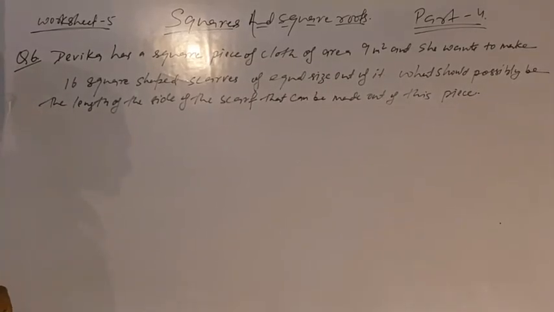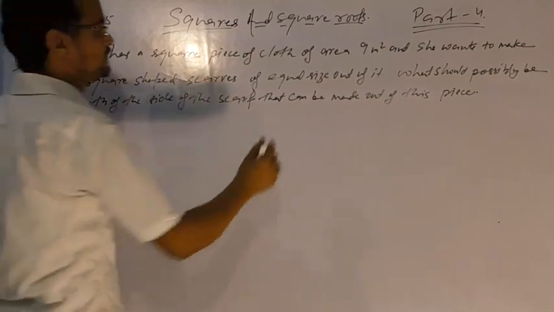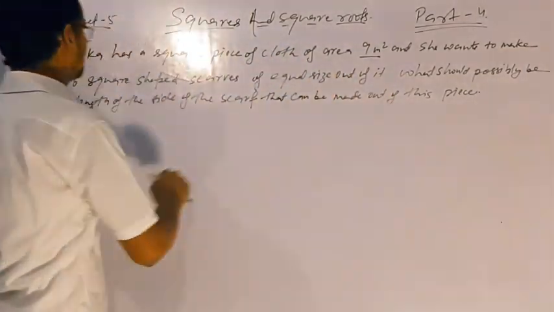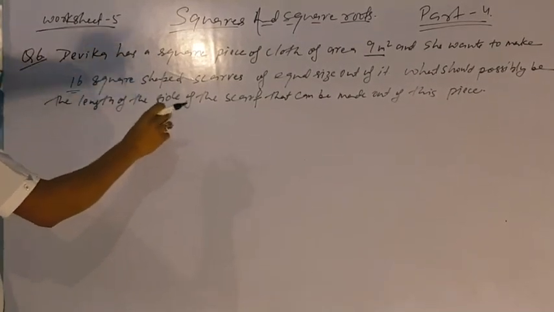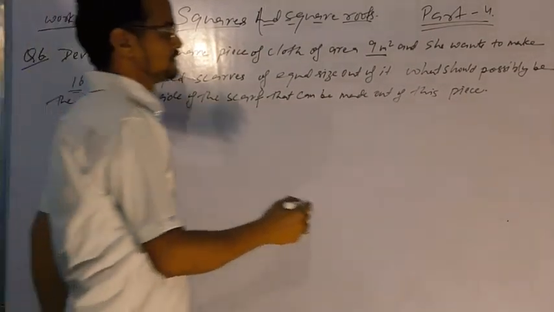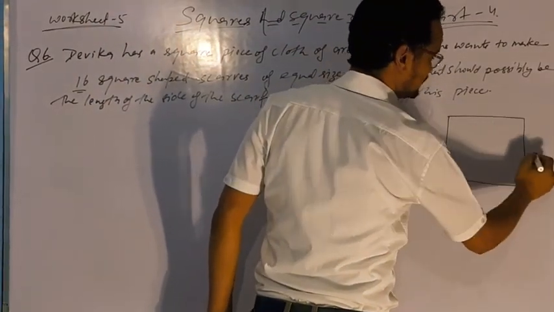Question number 6 is that Devika has a square piece of cloth of area 9 meters square, and she wants to make 16 square shaped scarves of equal size from it. She has a cloth of 9 meters square.